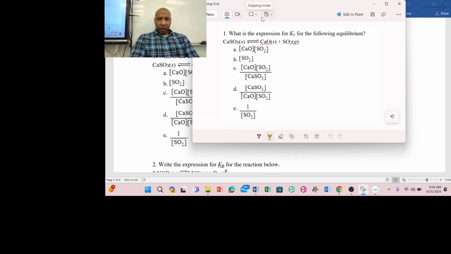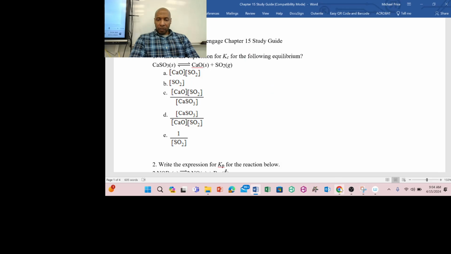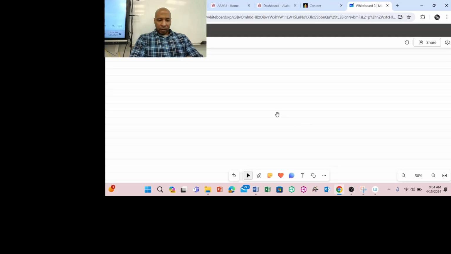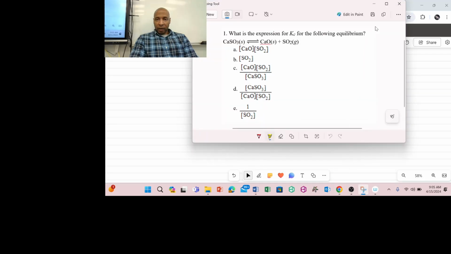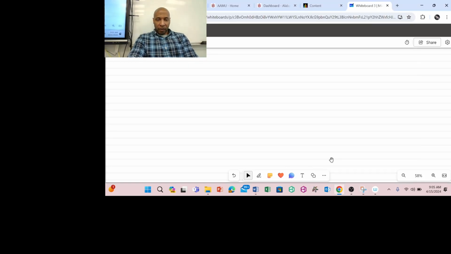Let's see what we got here. How the hell do I? Okay, copy, and then I'll go to my whiteboard, and for some strange reason, nothing happened. Okay, y'all see this, right? I hit copy, and then I hit Shift and Control V. Oh, dear Lord.